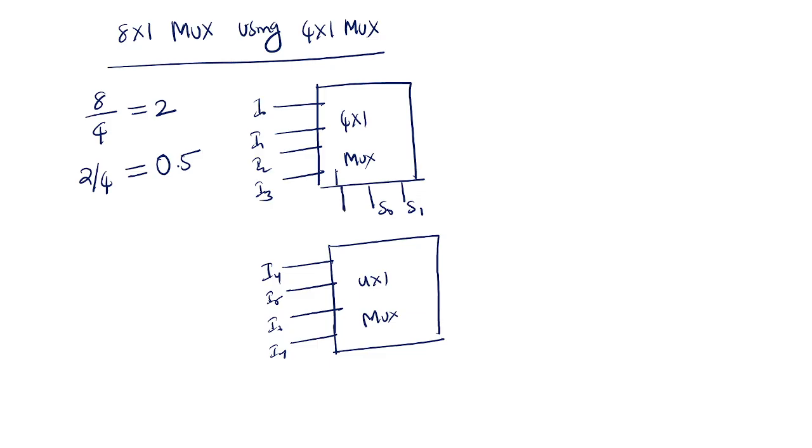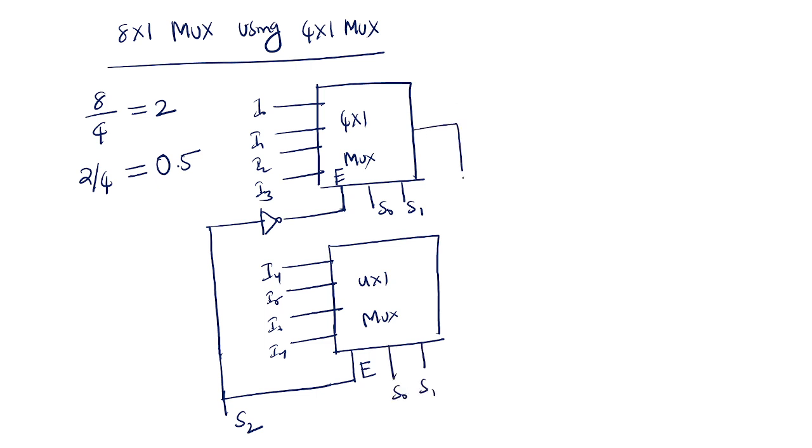The enable pin is given through one more selection line, this is S2. S0 and S1 are common selection lines, and these are given to an OR gate. This is the output.